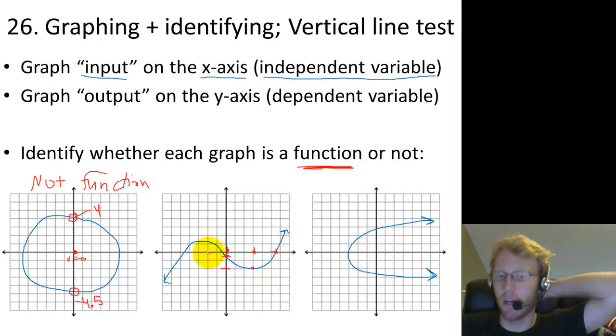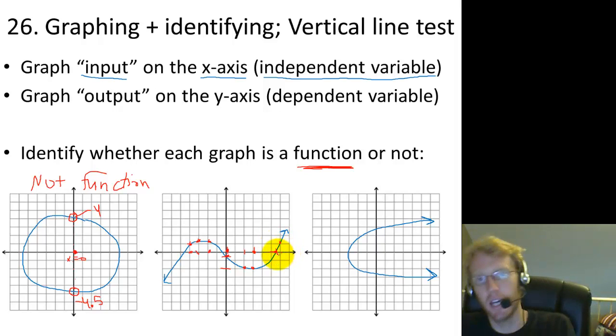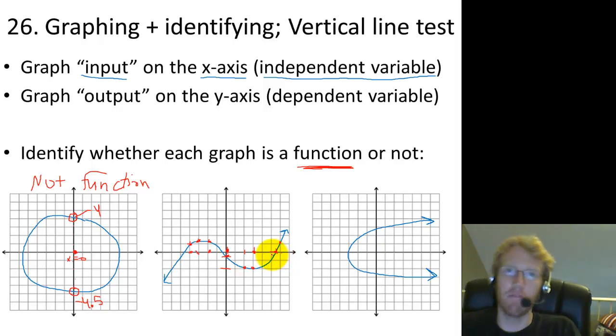You can see that no matter what value you pick as your input along the x-axis, there's only one possible output. There's no place on the x-axis where at a particular x value I have more than one output. There's always one output, so this is a function.